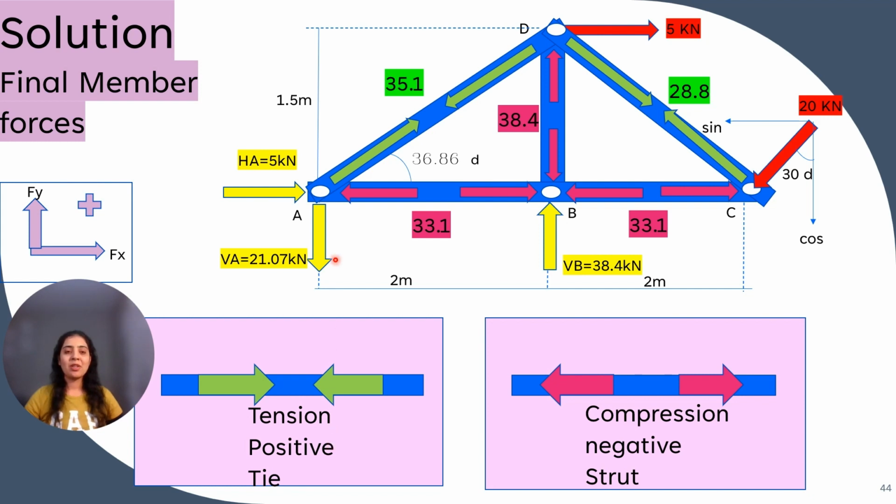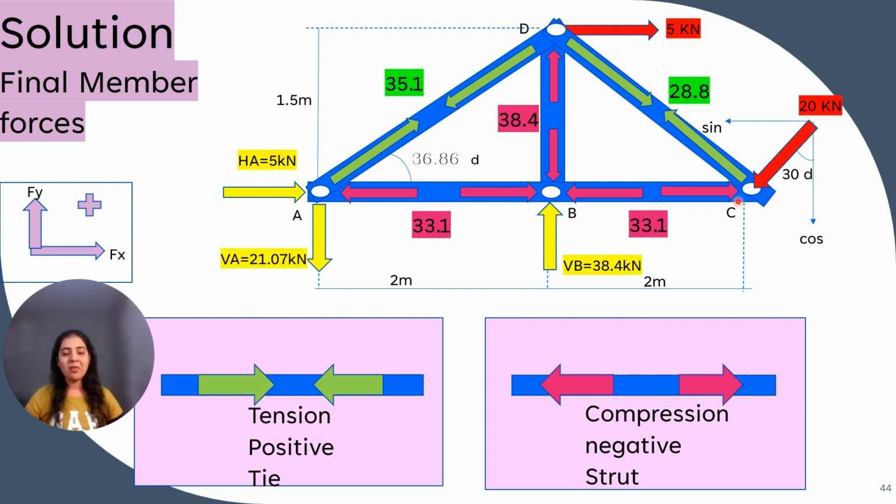So after looking at the diagram, we can say that top chord is in tension and web member and bottom chord are in compression.